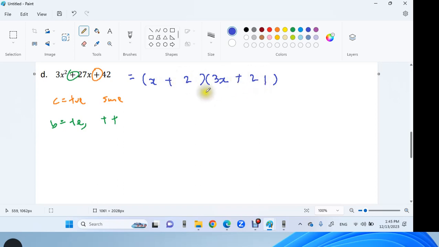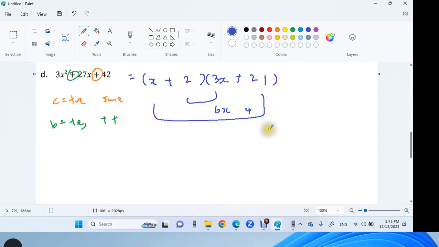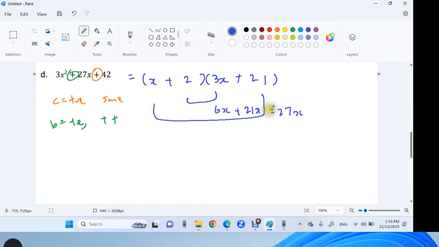And plus plus, then we have 6x and the 21x, then we add up is 27x. So this is the answer for a smart student.